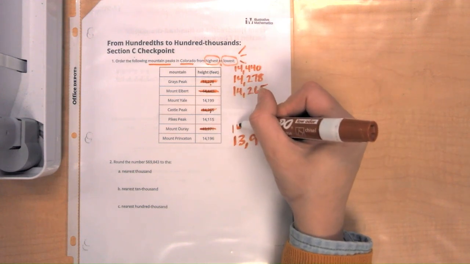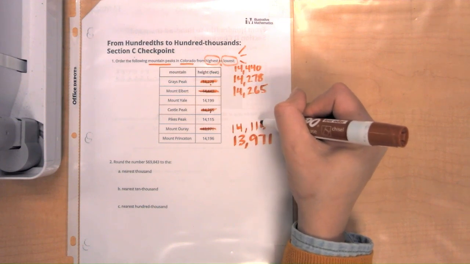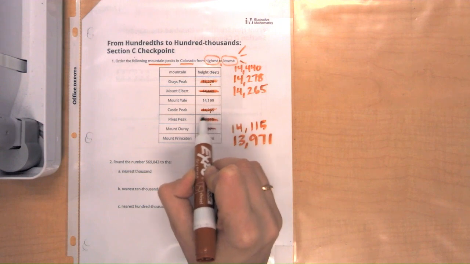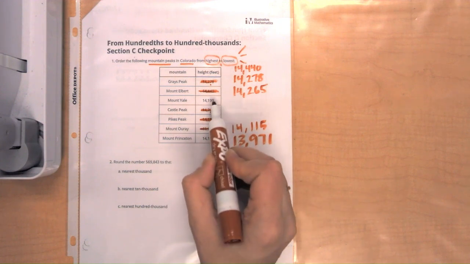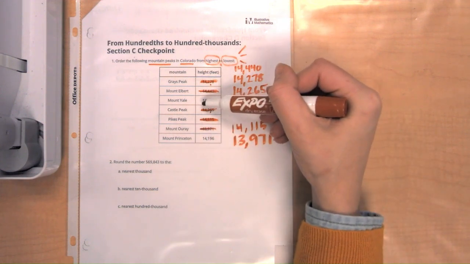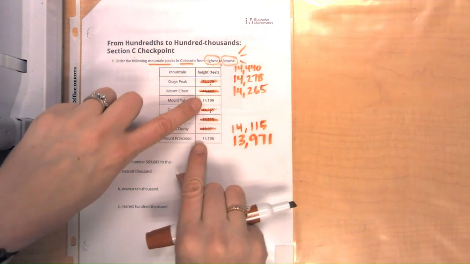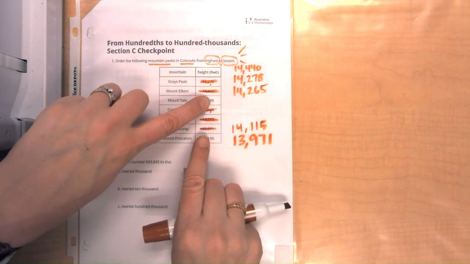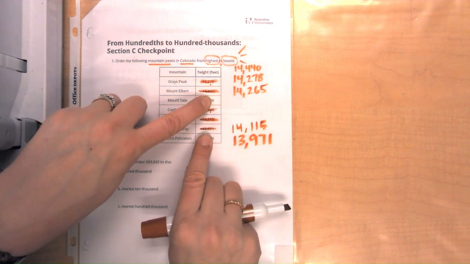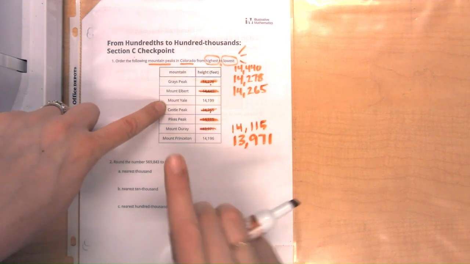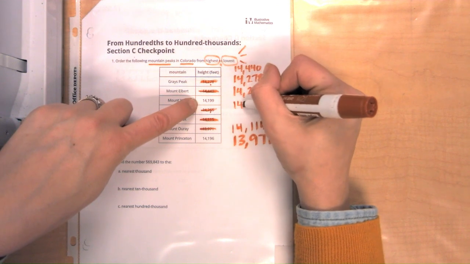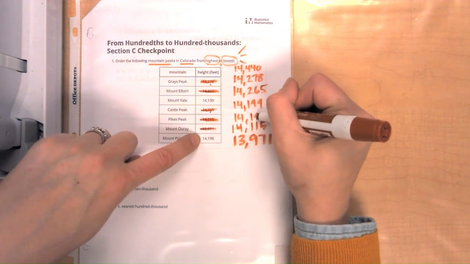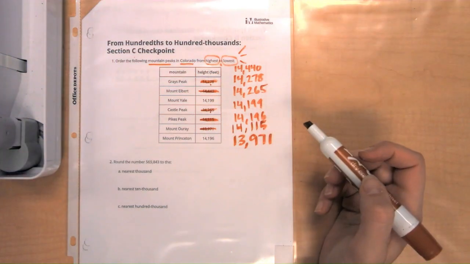I think I'm going to go ahead and put this 14,115 down there at the lower section, and then go ahead and battle, because see, I'm going place by place. I've got a 1 and a 4 and a 1 and a 9, and it comes down to the ones place. So the 9 is bigger than the 6, so that means that this one is here, this one is here. And students could do this a variety of ways.